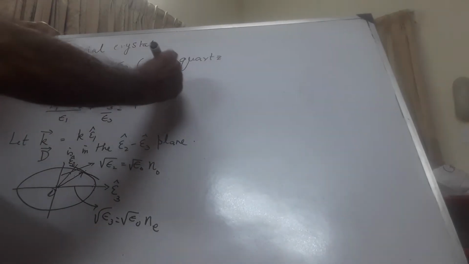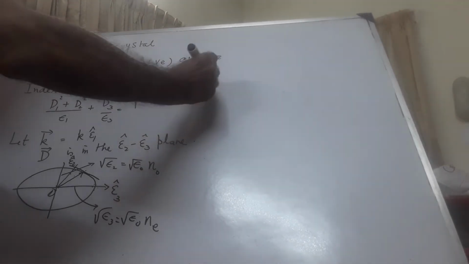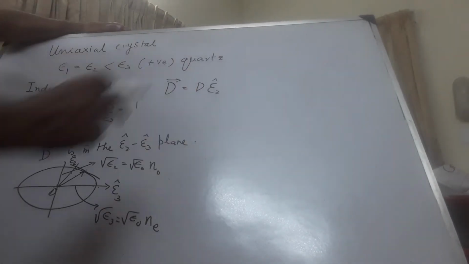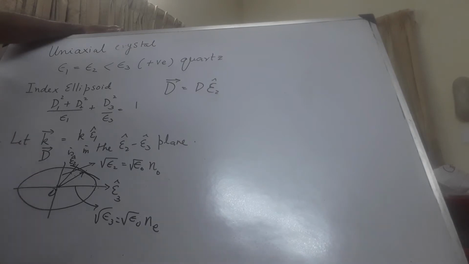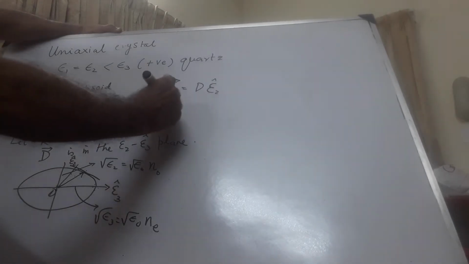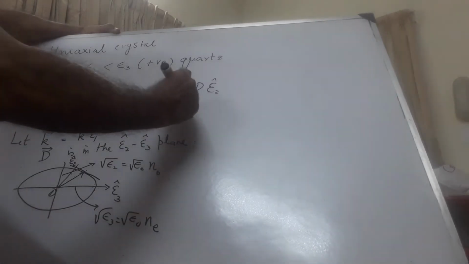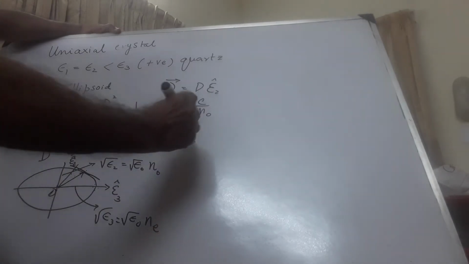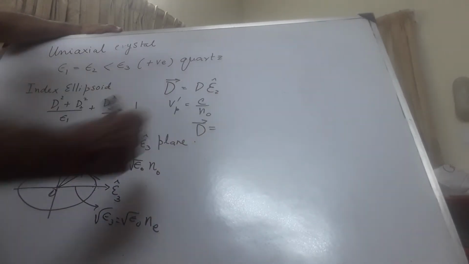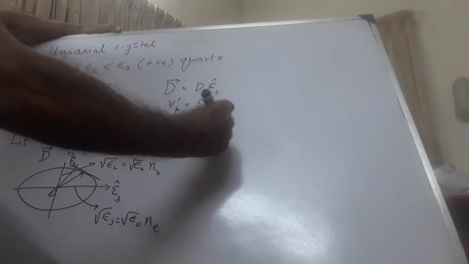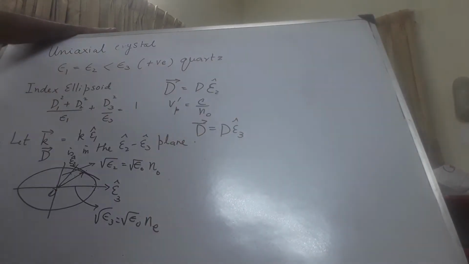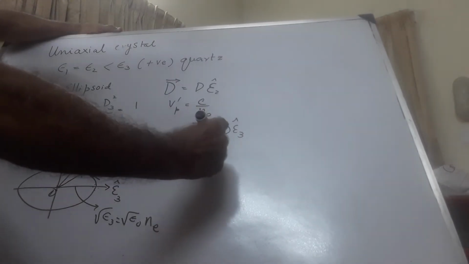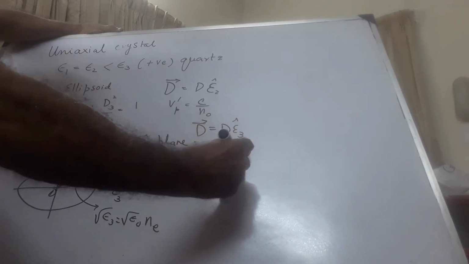So if D is along epsilon 2, I write D equal to D epsilon 2 cap, and the dielectric constant there is epsilon 2. Then the Vp prime, which is what I call the velocity, will be equal to C by NO. On the other hand, if D is along epsilon 3, then we will have the velocity, which I will call Vp double prime, equal to C by NE.